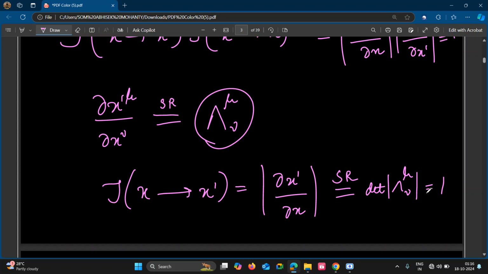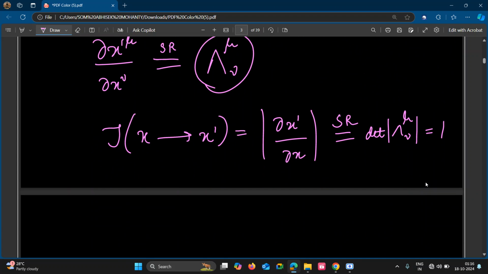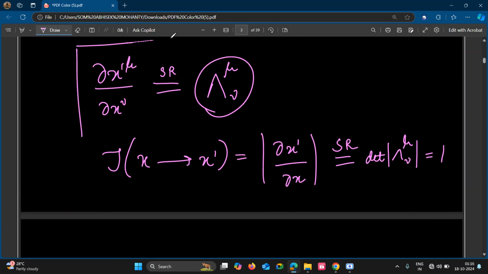These transformation matrices are used basically in special relativity. You have to remember this one especially.